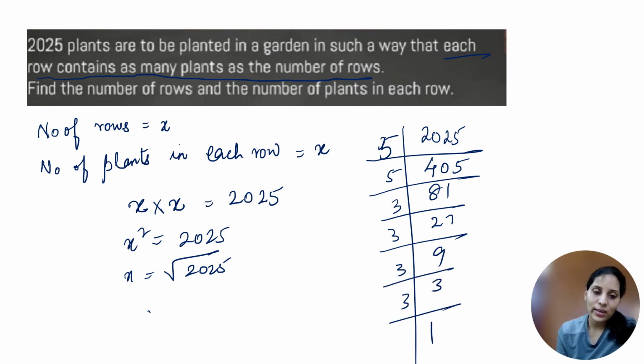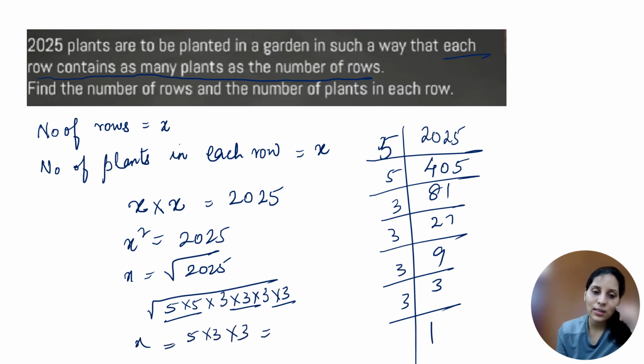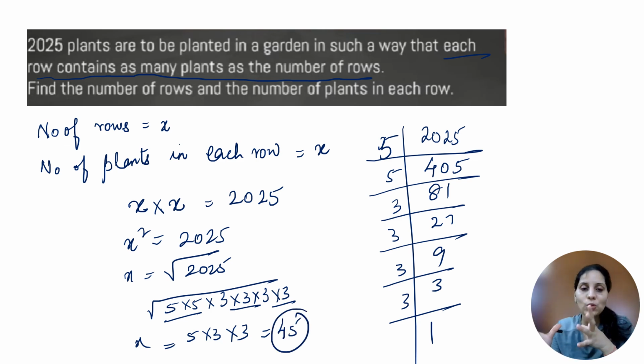So what do I get? 5 into 5 into 3 into 3 into 3 into 3. From each pair you will select one number. 5 into 3 into 3, which is basically 5 into 3, 15, into 3 is 45. So the number of plants in each row is 45.